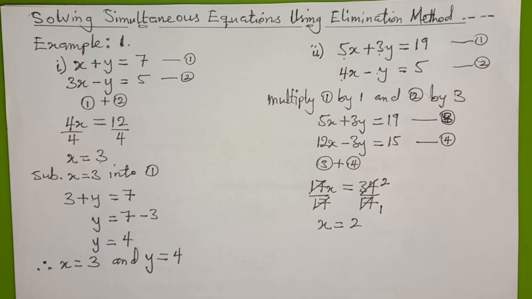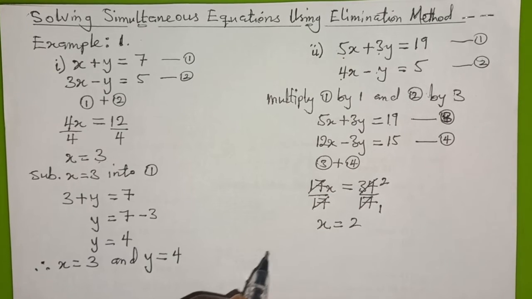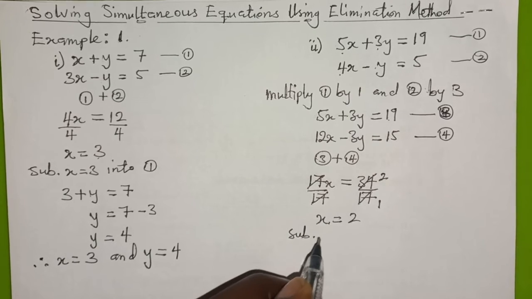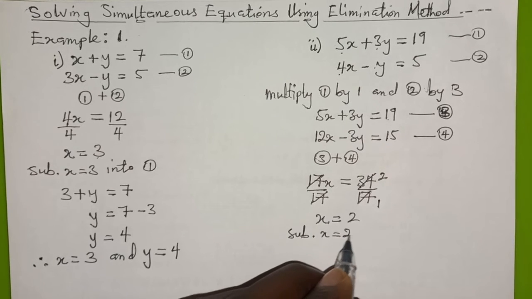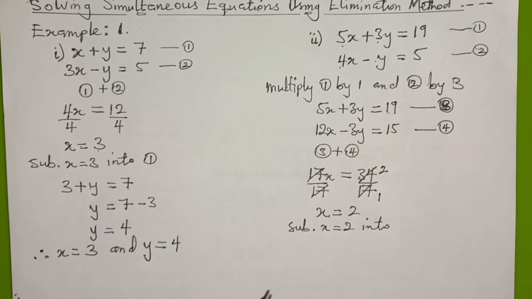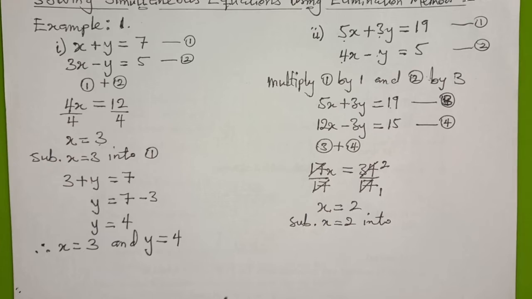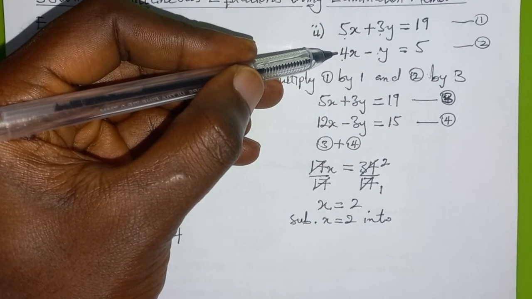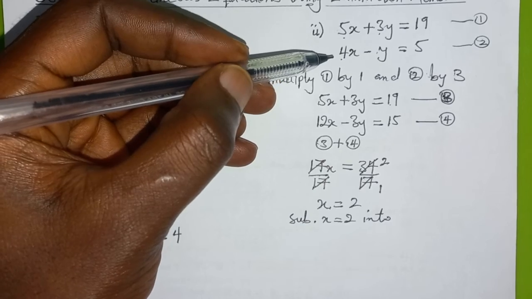Then the next thing that we need to do is to substitute the value of x equals 2 into any of the two equations. But if you look at it carefully, you realize that equation 2 will be much easier to do.